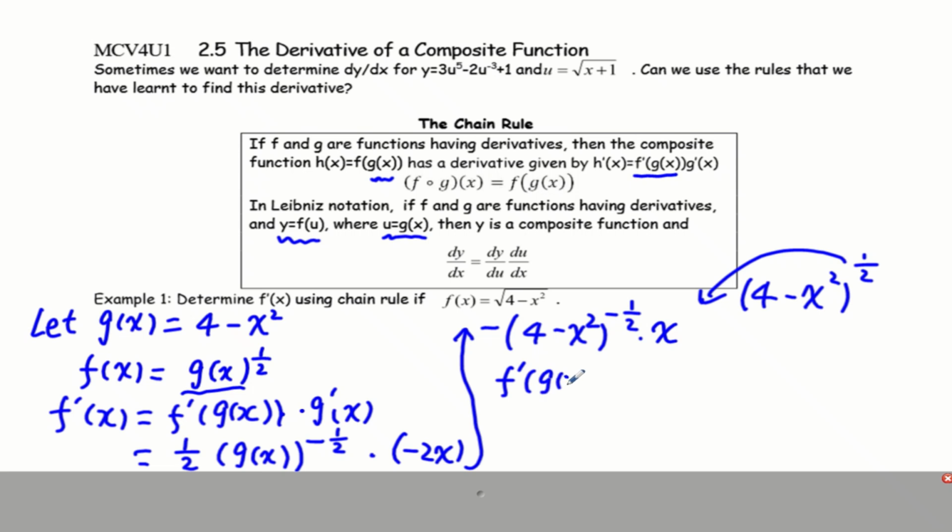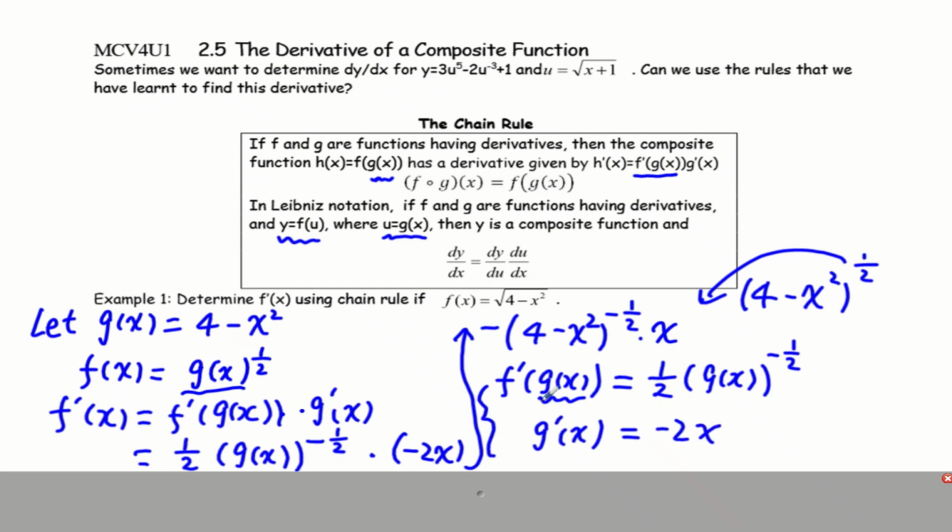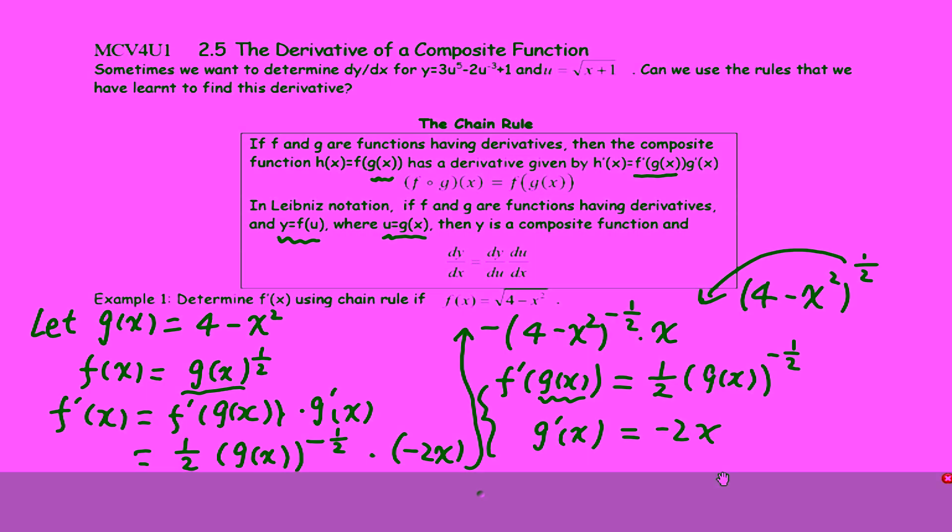We could write the answer as 1 over 2 times g of x to the negative 1 over 2. If we just find the derivative of the outer part, the answer will be this one. Then g prime of x from here is negative 2x. If you want to find f prime of x, you combine these two together. So this is how it works.